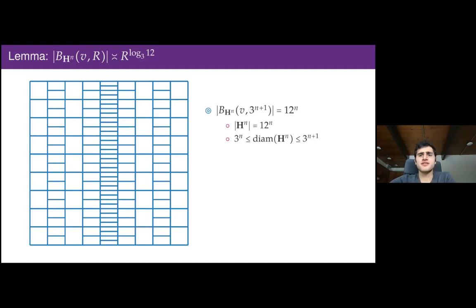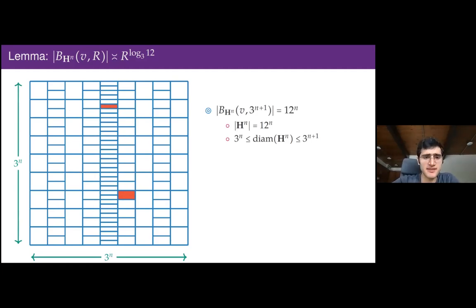To see why the diameter is small, let's suppose we want to bound the distance between these two marked tiles by about 3 to the n. Note that Hn has about 3 to the n many columns, and in particular the first and the last columns have 3 to the n many tiles in them.